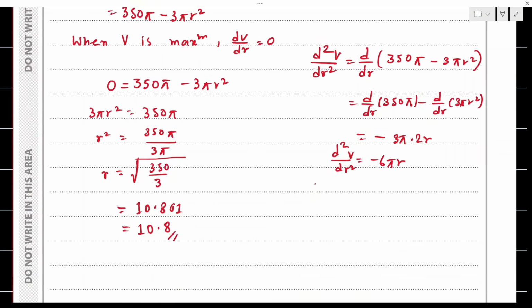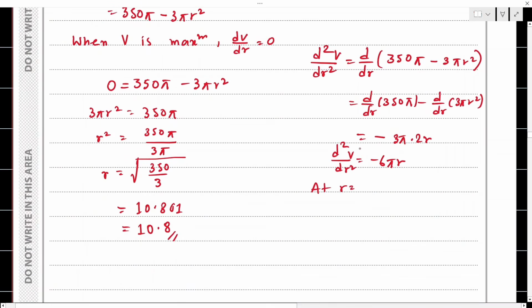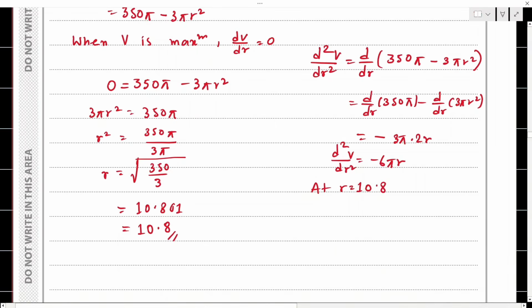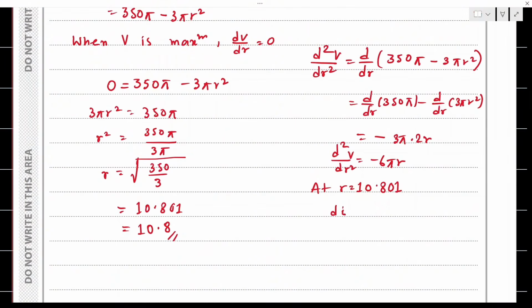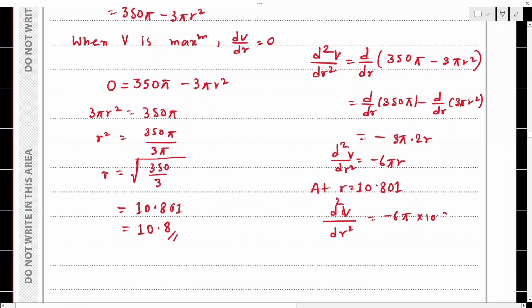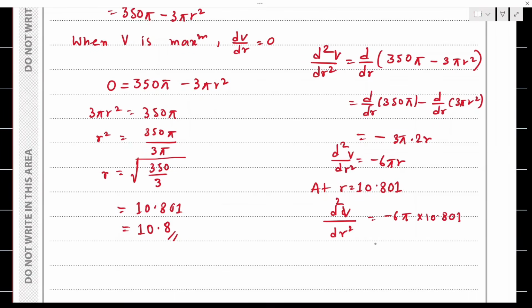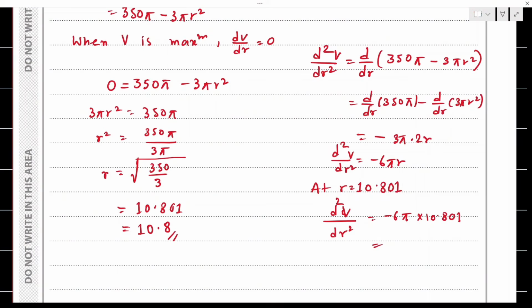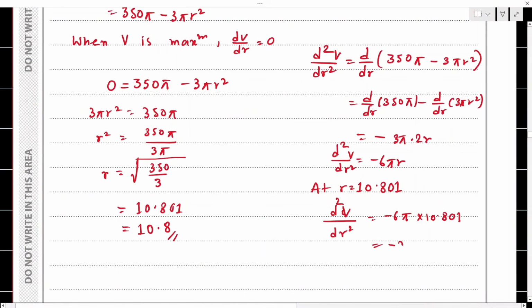Now, inputting our value of r into our expression for d square v by dr square can help us find out whether or not the point is maximum or minimum. So at r equals to 10.801, I'm using the more accurate value, not the rounded value, for increased accuracy. Now we can already see that this is a negative value. I'm still going to calculate this, and this gives us minus 200.